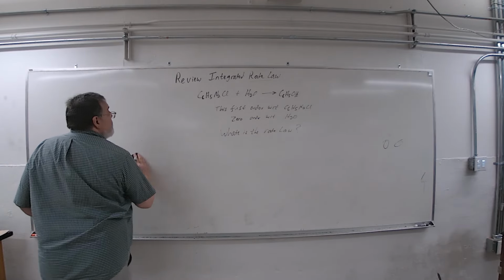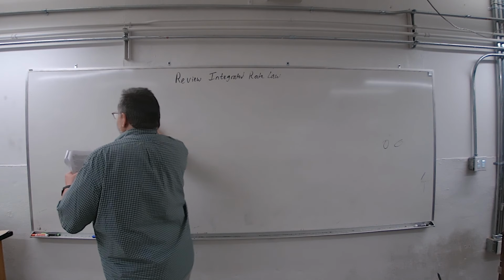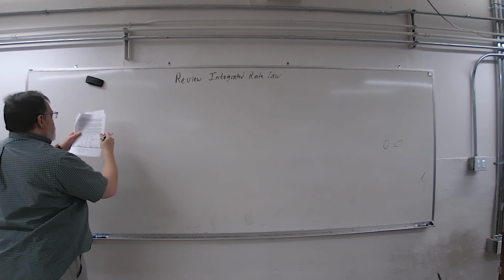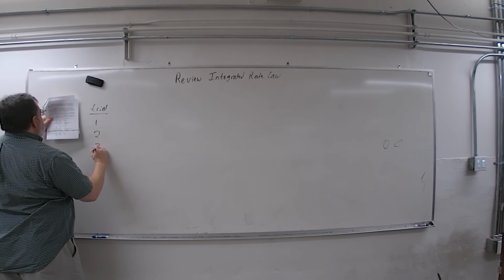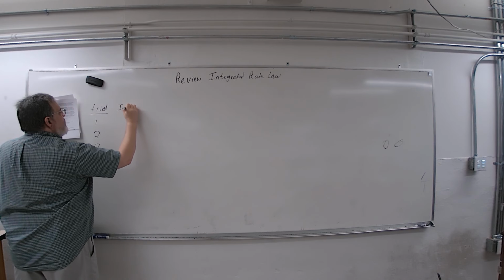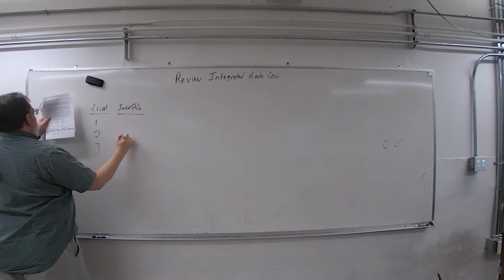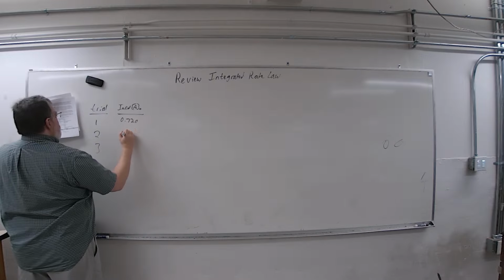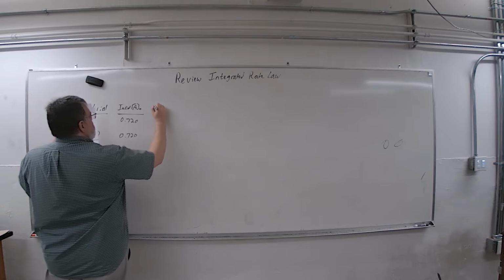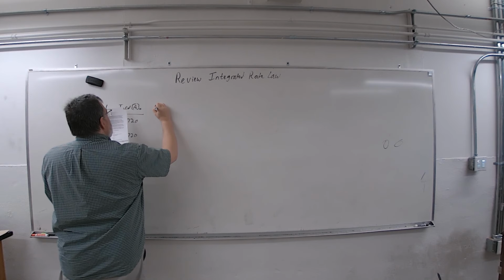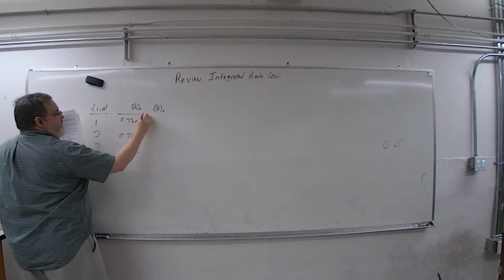Go on to, so that sheet I just gave you, like I said, I'll give you those for the test. Put the little 0 here, that means initial, so I'm just going to erase that.